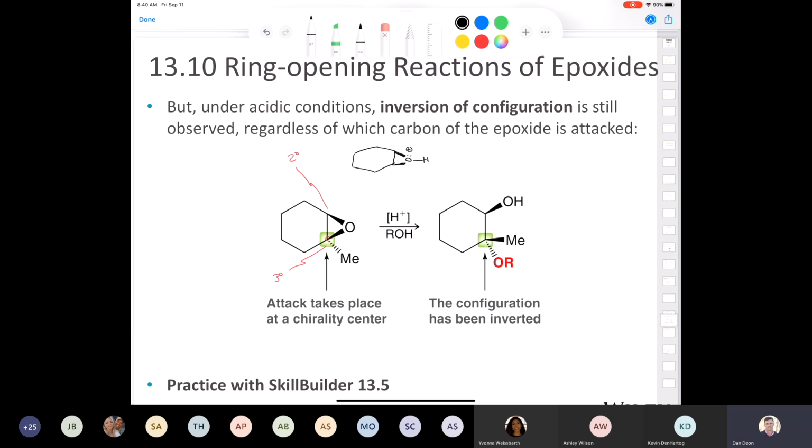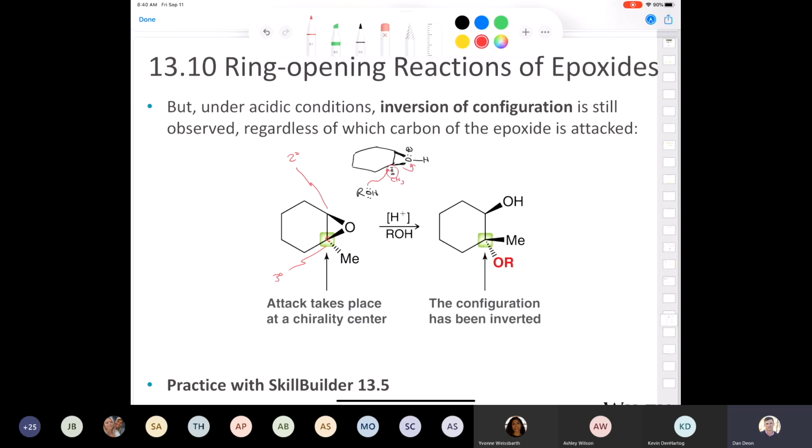Crazy. Okay. So you're going to end up forming this intermediate, okay? And then when the alcohol comes in and attacks at the more hindered carbon, based on electronic effects, it's going to do a backside attack underneath the methyl group, right? And the methyl group is going to get inverted.